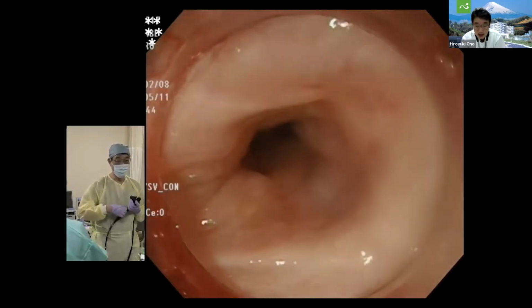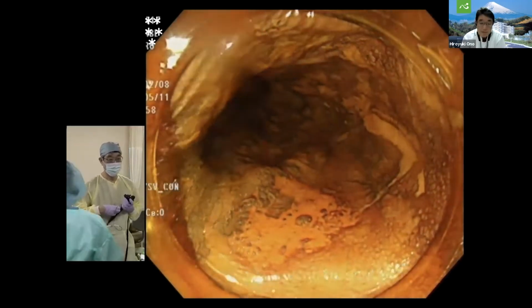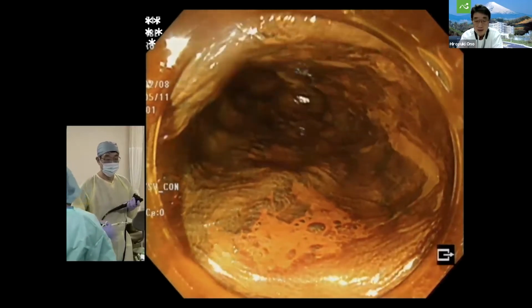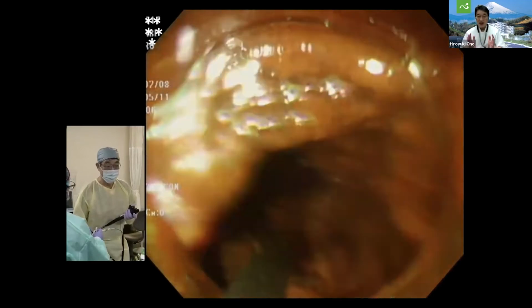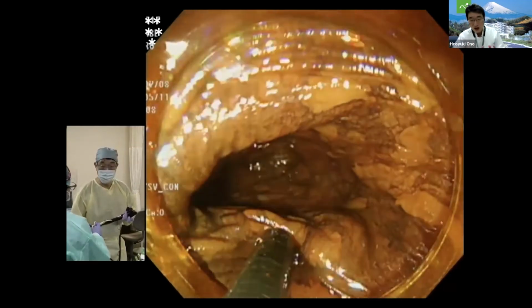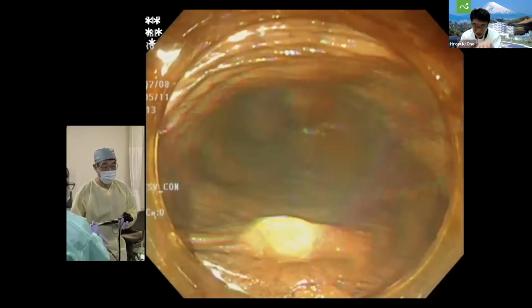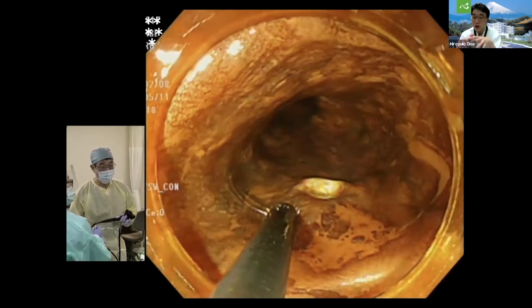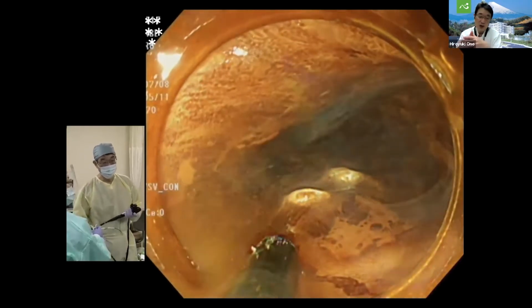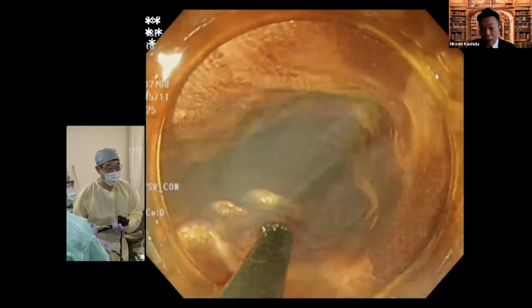So you can see the ulcer scar with ESD scar here, and the lesion is here. Of course, he has many unstained areas by using dye. However, this lesion shows the pink color sign after iodine spray.